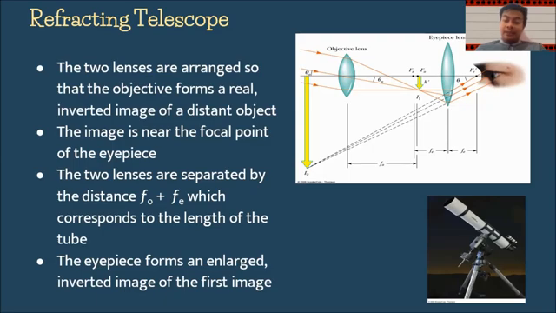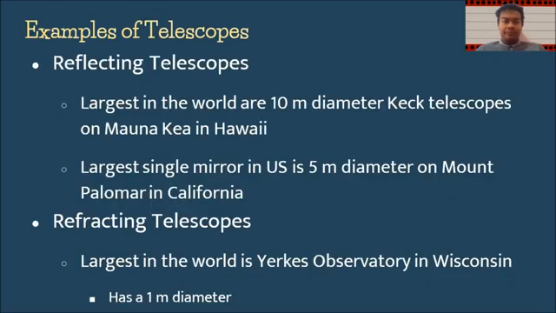So we talk about the next topic, examples of telescopes. First is the reflecting telescope, which is the largest in the world, with a 10-meter diameter, on Mauna Kea in Hawaii.